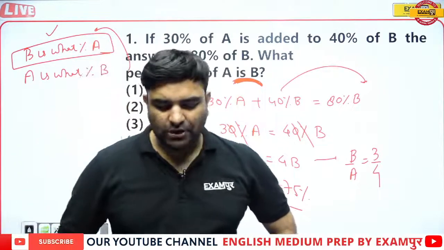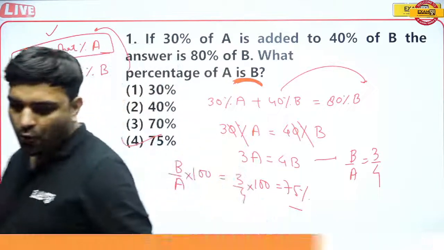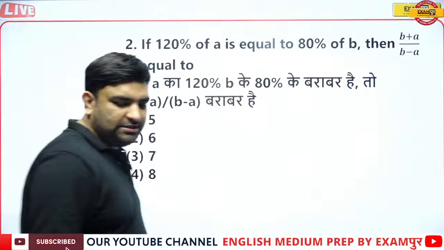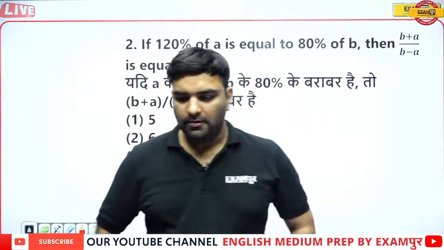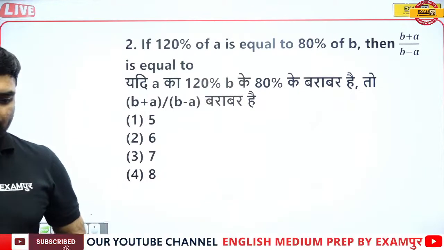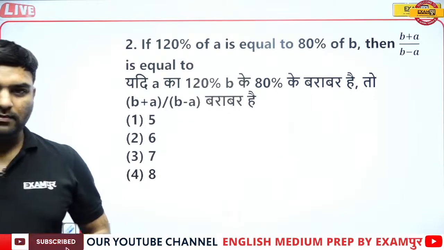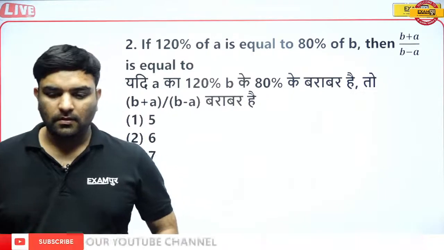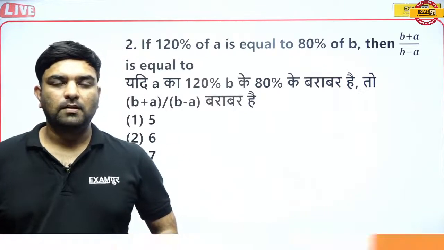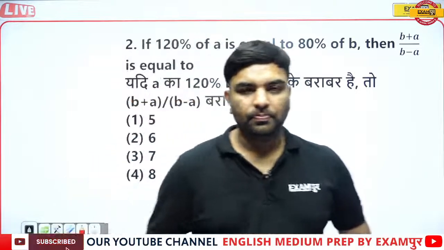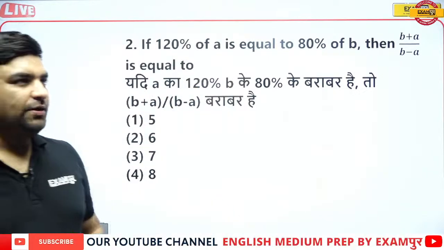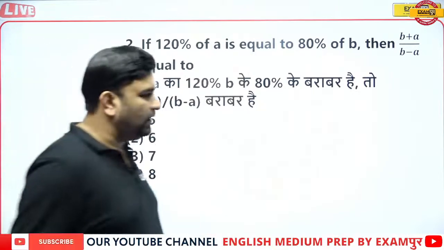Let's move on to the second question of the day, and here it is, just in front of you directly. 120% of A is equal to 80% of B. What is B plus A, B minus A?